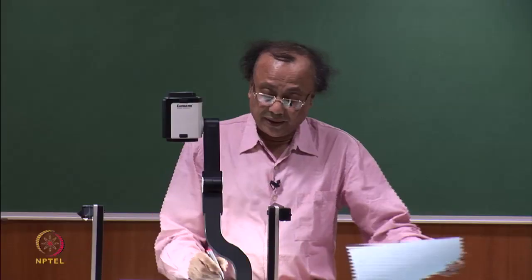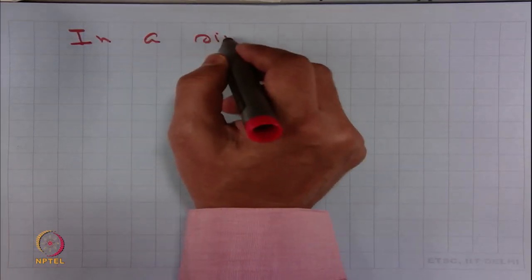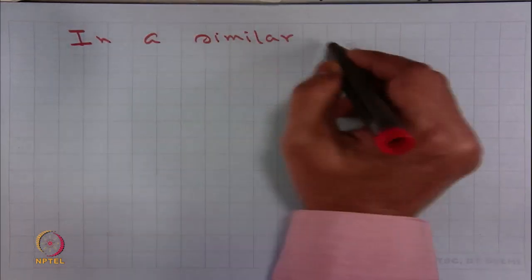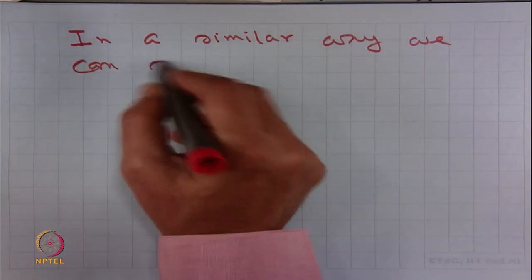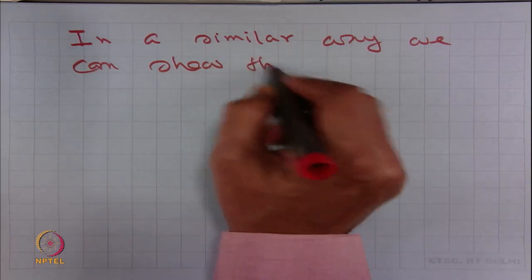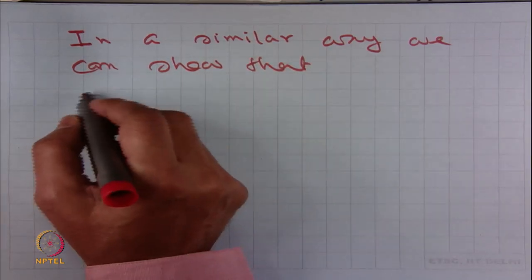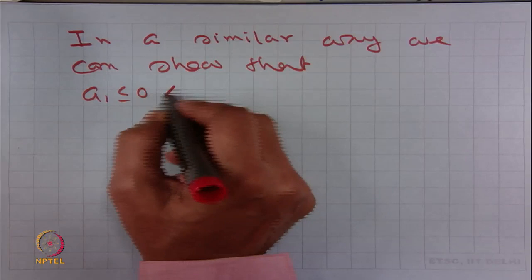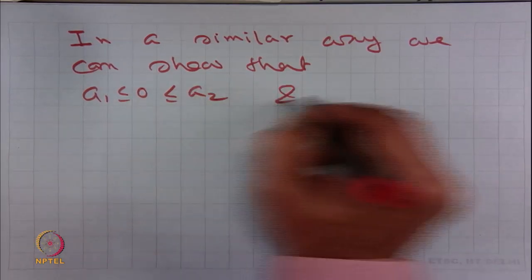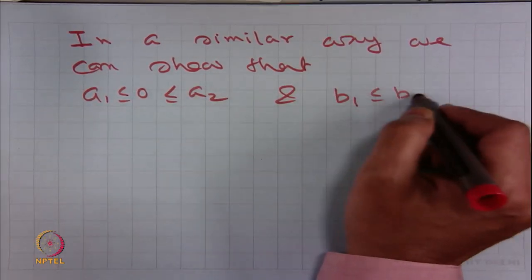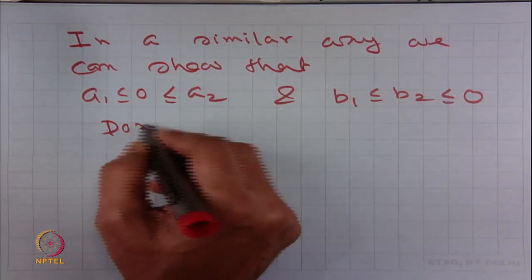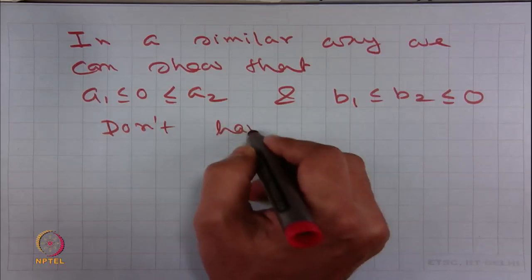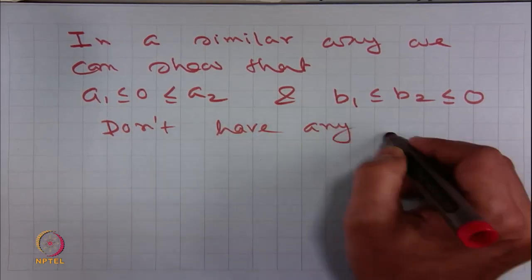In a similar way, we can show that a1 less than or equal to 0 less than or equal to a2 and b1 less than or equal to b2 less than or equal to 0 do not have any solution.